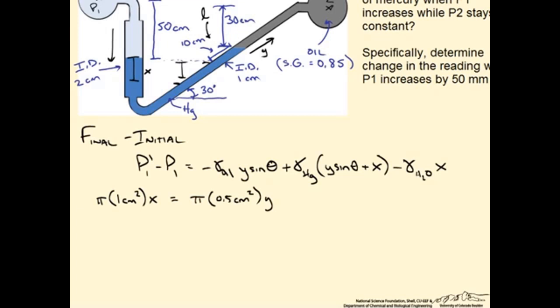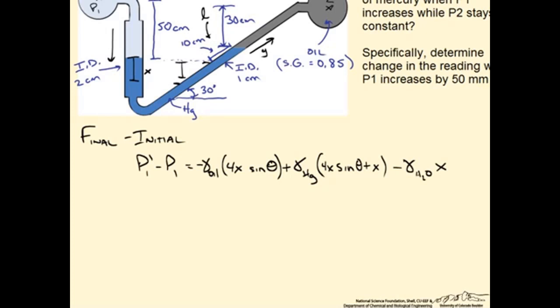Rearranging this, we find that y is going to be equal to 4 times x. And we could plug this directly back into our equation. So you see we have one equation and one unknown because we know what the change in pressure on the left side is.